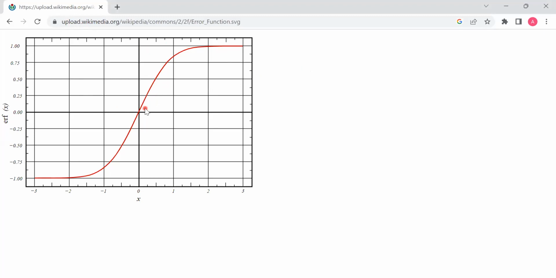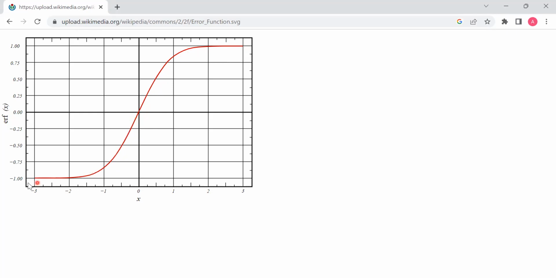So this is the plot of the error function. When x is equal to 0, the value is 0, and when x increases, the value increases in this fashion. Since it is an odd function, the value of the integral for negative values of x is given by the mirror image of this about the origin.